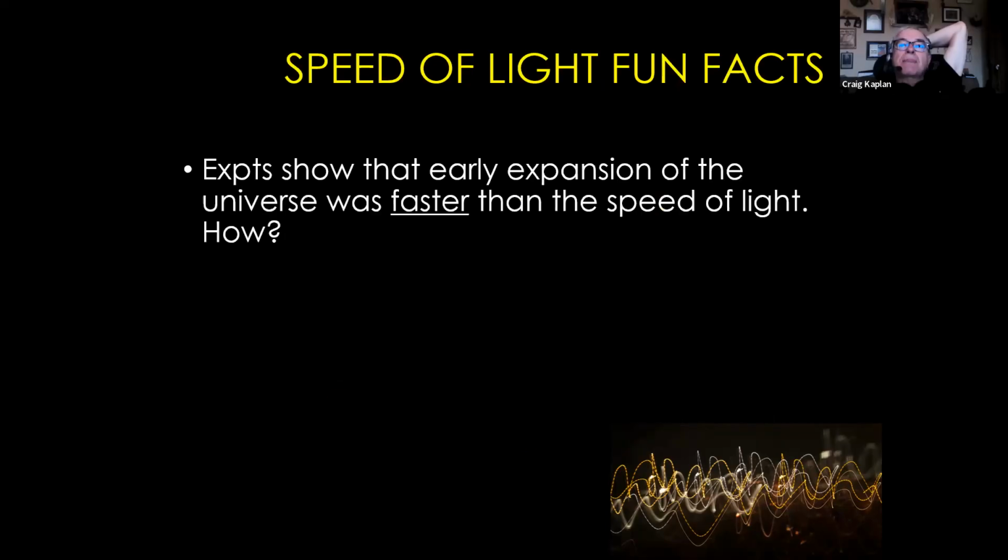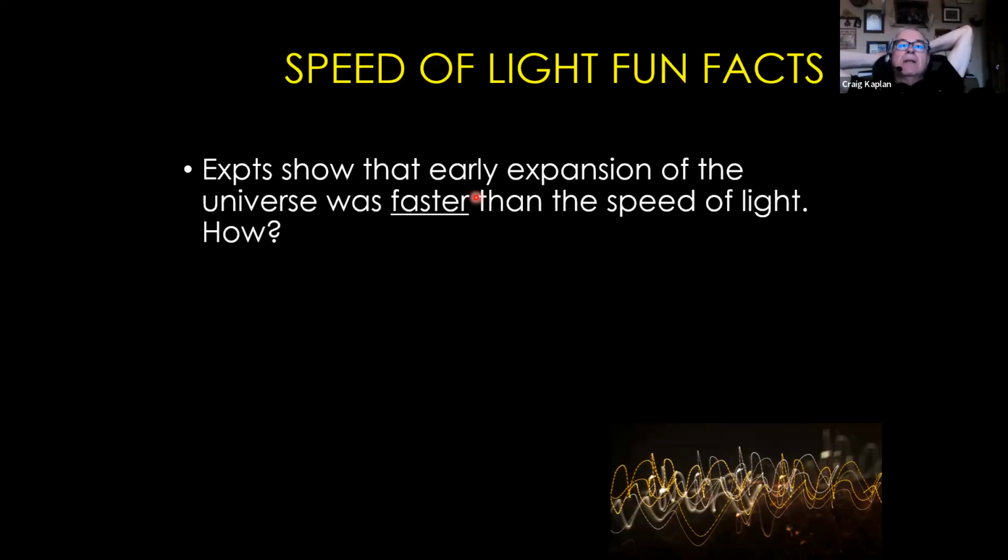Next fun fact. Experiments show that early expansion of the universe was actually faster than the speed of light. We know that one of the universal laws of physics is that nothing can travel faster than the speed of light. Nothing.